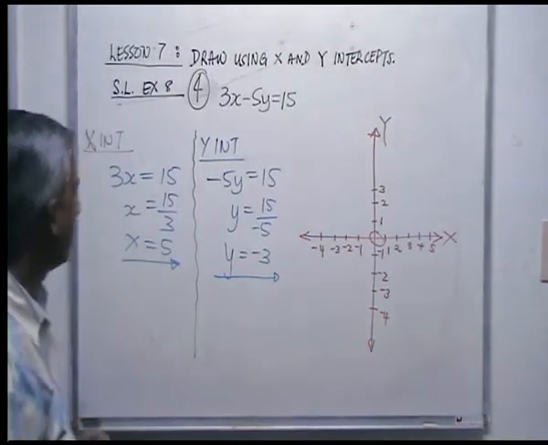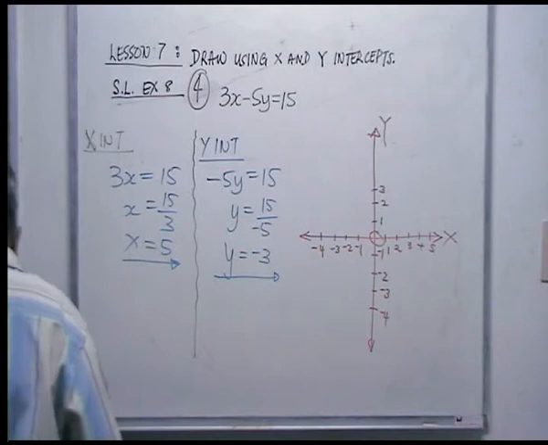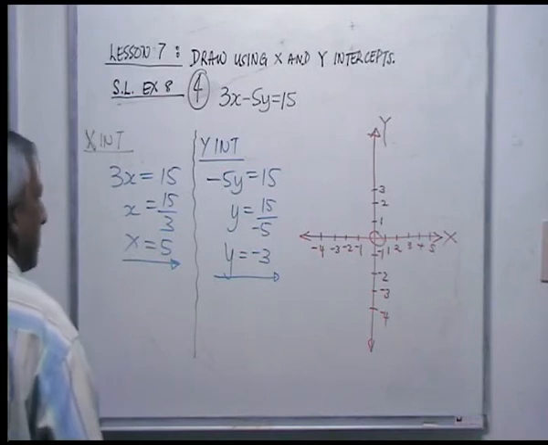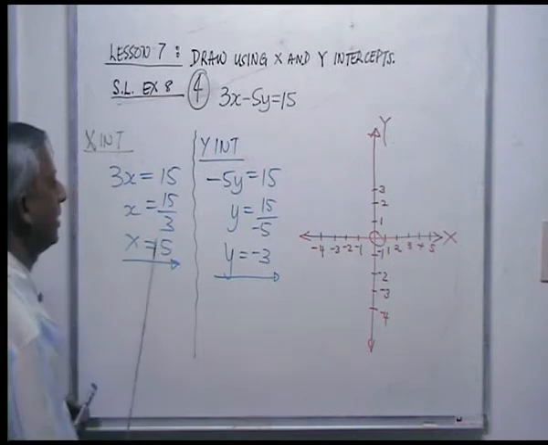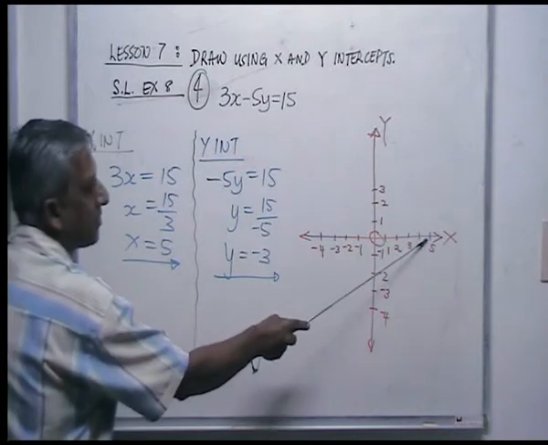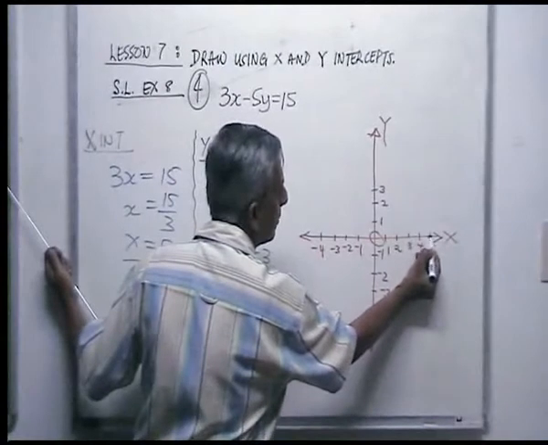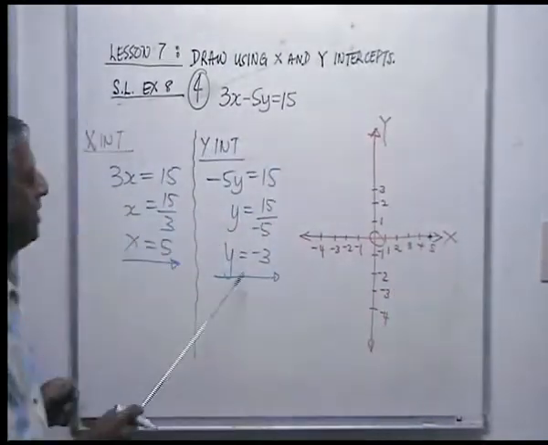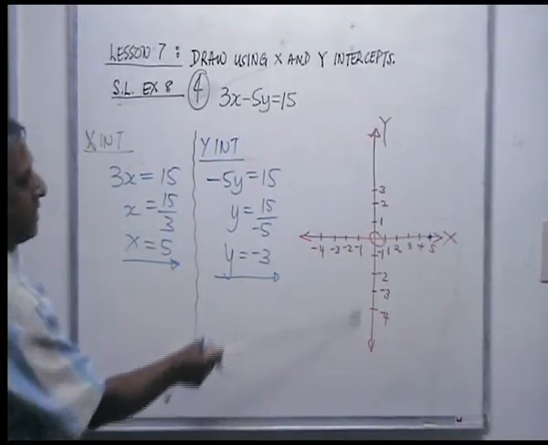Right, now, what is the x-intercept? The x-intercept is 5. Look for the x-axis. Put a dot on 5. So you put the dot there, see? The dot goes onto 5. Y-intercept is minus 3. Look for the y-axis.